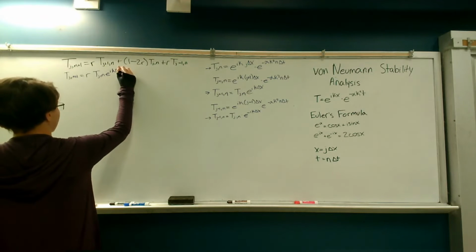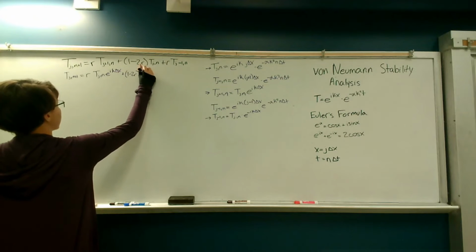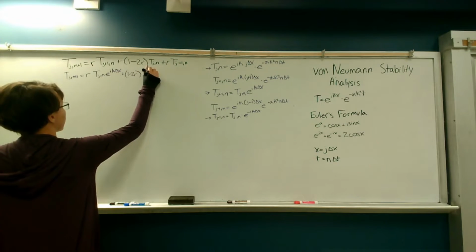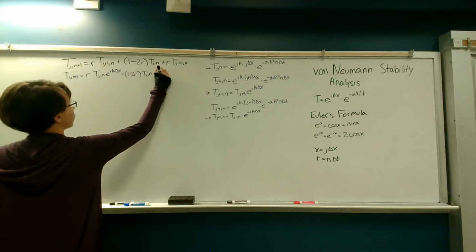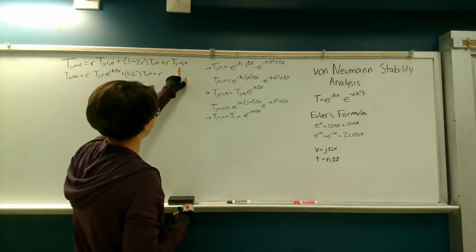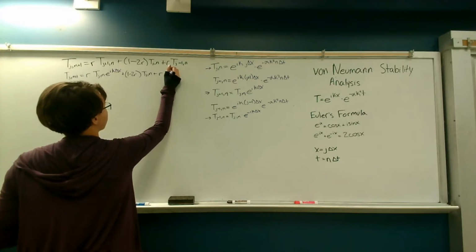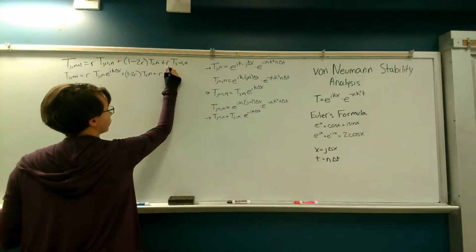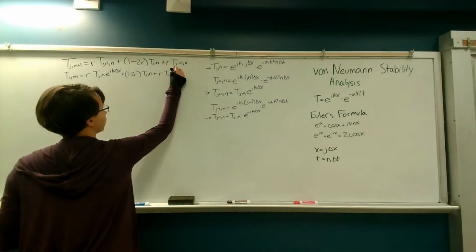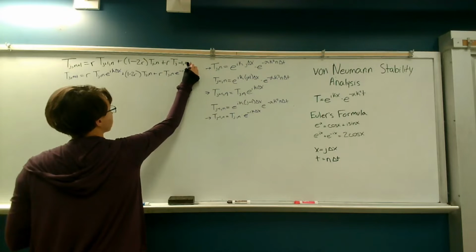We've got plus 1 minus 2r times T at j at n plus r. So then r times j minus 1, that's this one. So we've got T at j at n e to the negative i k delta x.